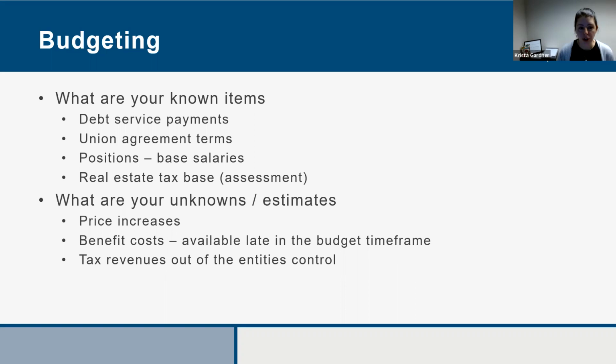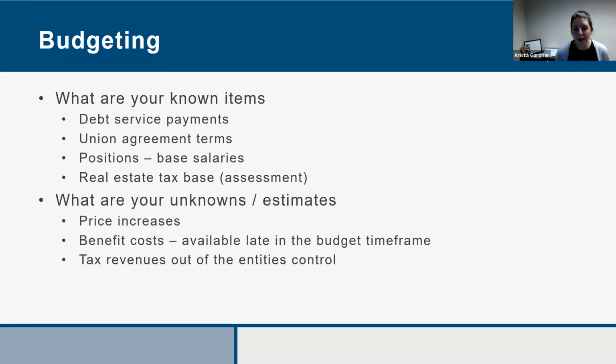So we'll talk about that in just a minute. And then your real estate tax base, that assessment, that base level, that's pretty much a known number. You know what your real estate tax is going to be from year to year. It's again then understanding, okay, if we're going to increase it by 0.1 mils, that gives us this estimated dollar amount of additional revenue. Some of those unknowns that we talked about are price increases, benefit costs.